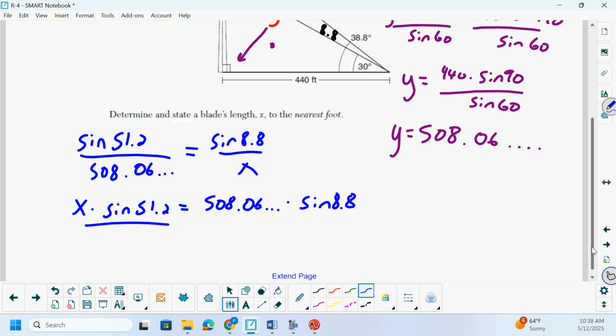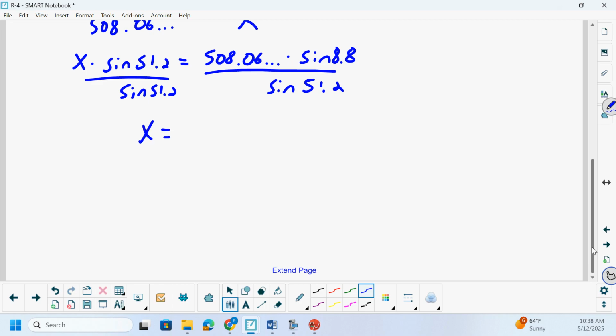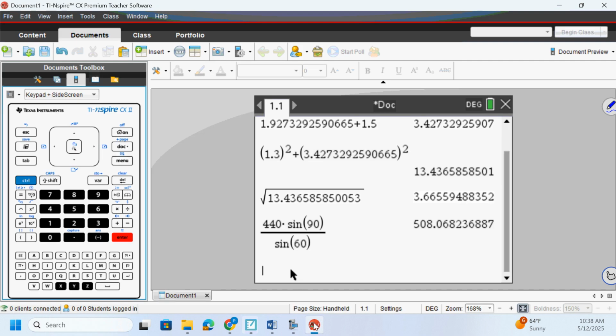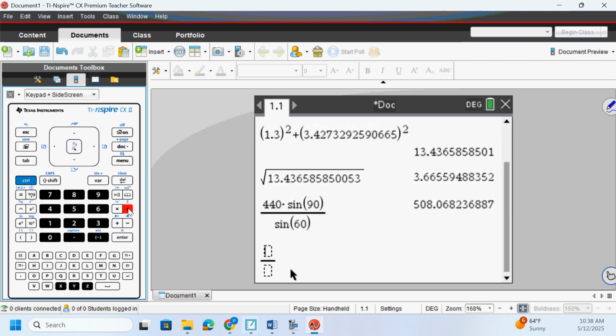We're going to divide both sides by sine of 51.2. So that means x is just going to equal that intermediate answer that we had times sine of 8.8 over sine of 51.2. So if we go back to our calculator, I'm going to do our control divide so we get our fraction template.